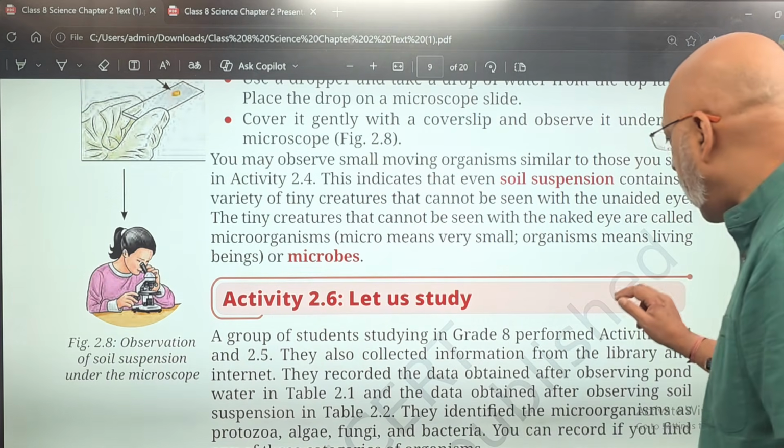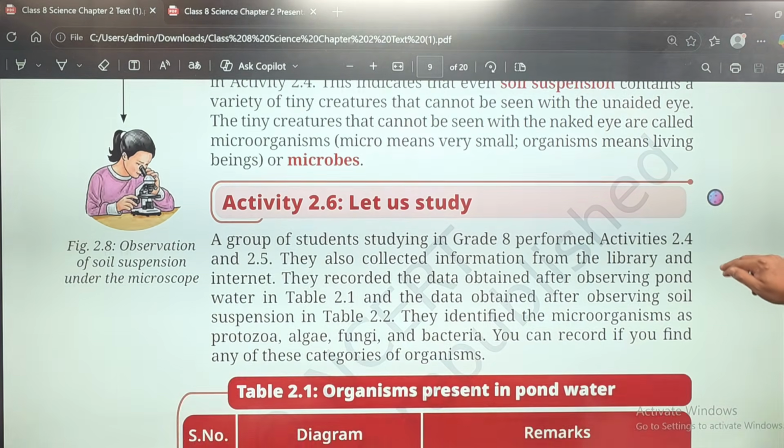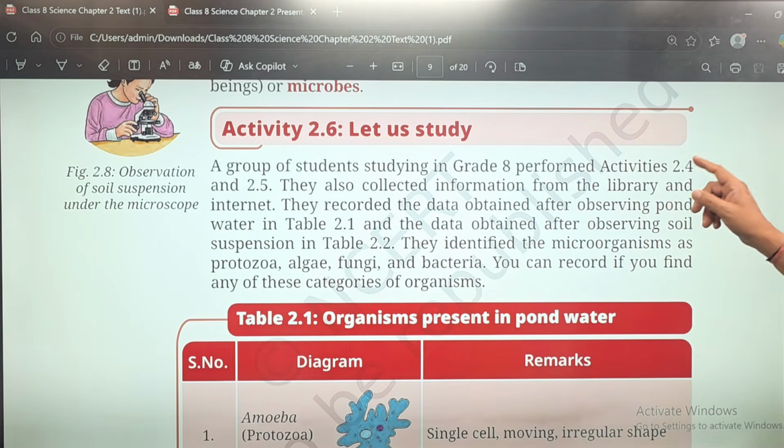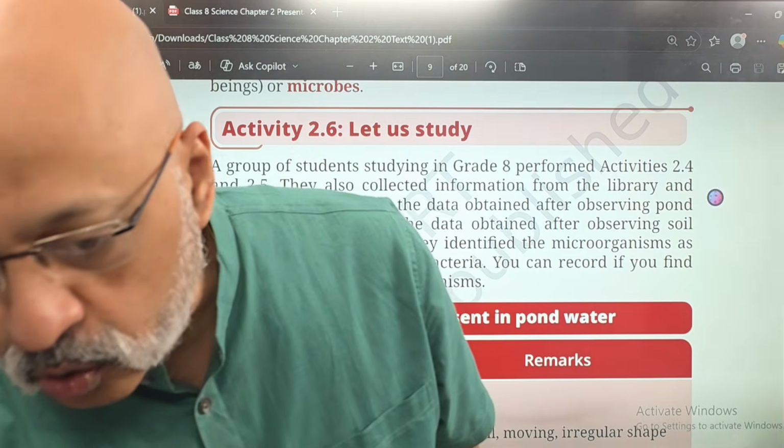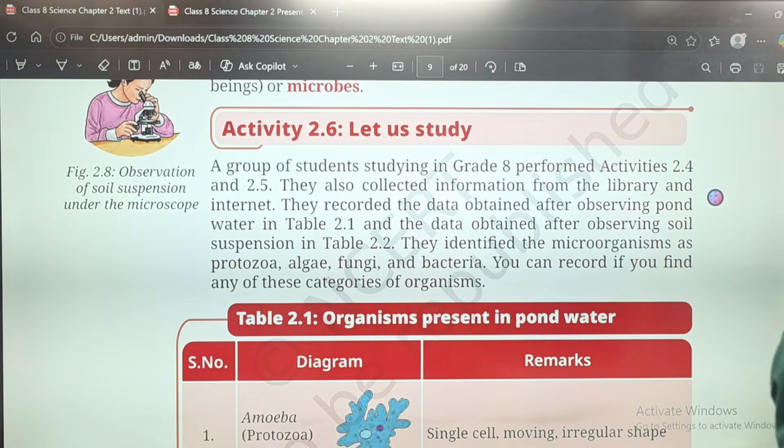Now, another activity, 2.6. A group of students studying in grade 8 performed activities 2.4 and 2.5, and I do hope you are also encouraged by your teachers to do these experiments.